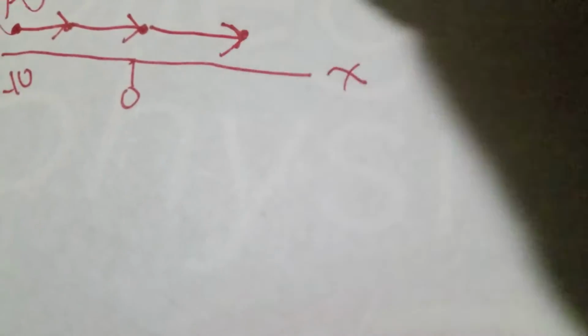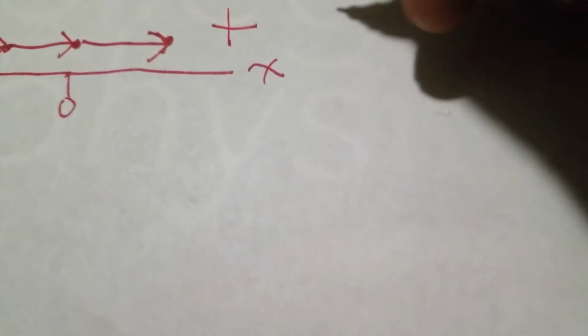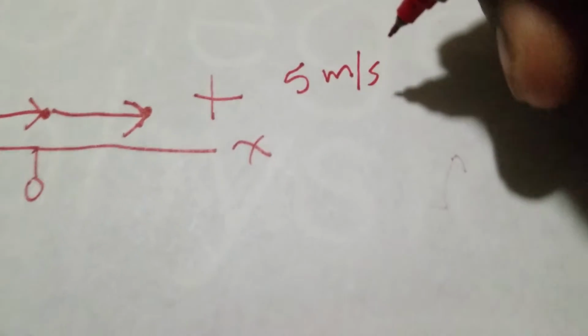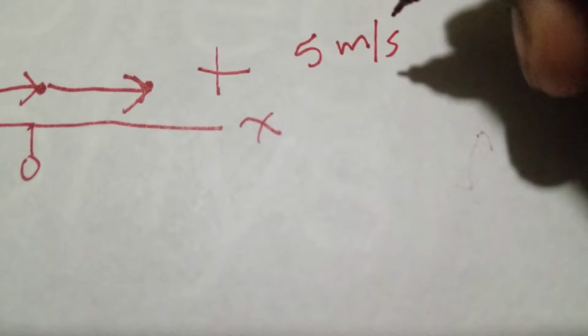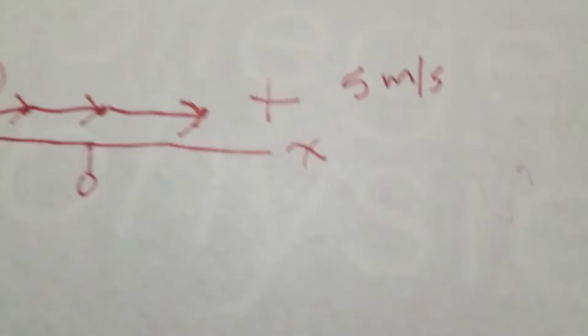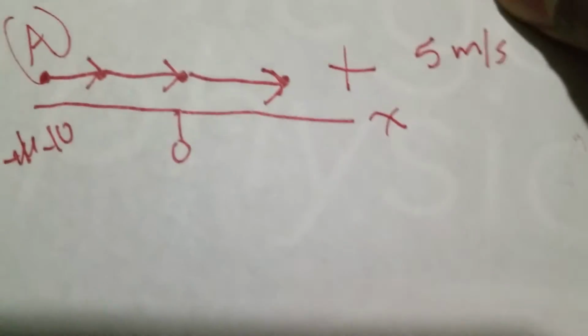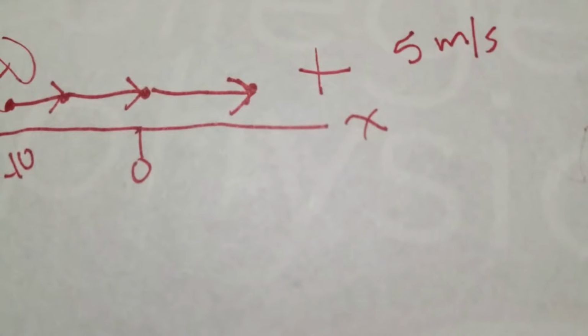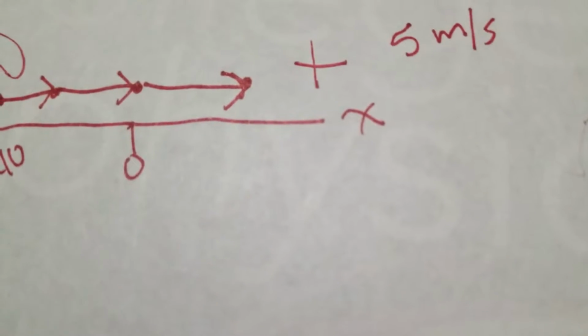That means the velocity is plus. This could possibly be a velocity of maybe 5 meters per second. We don't know. But we know that this velocity is positive because this object is moving from left to right, and the position is going from negative to positive.